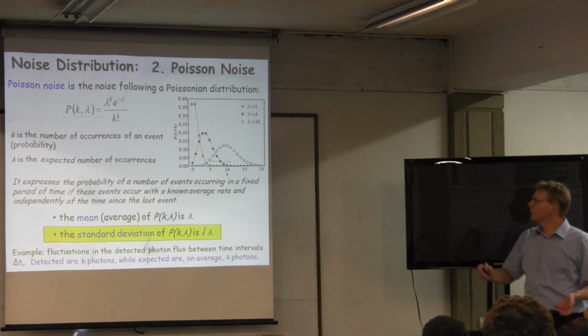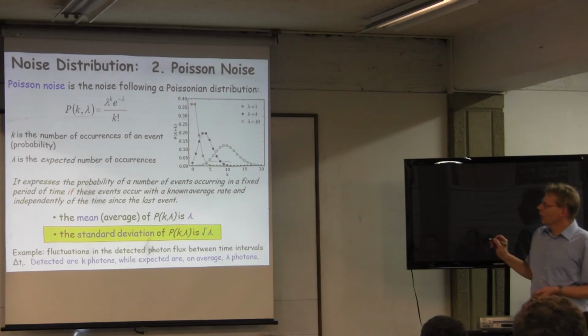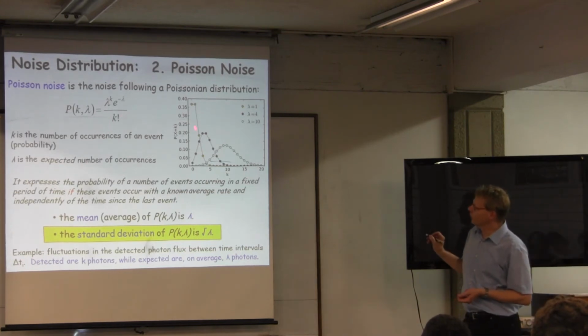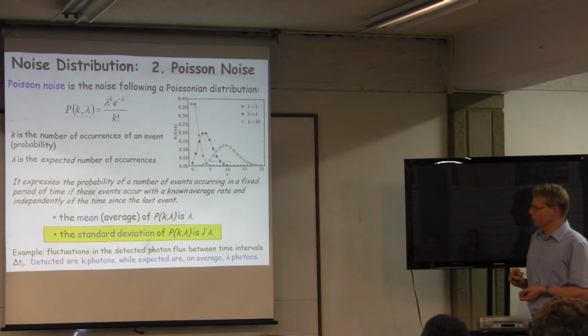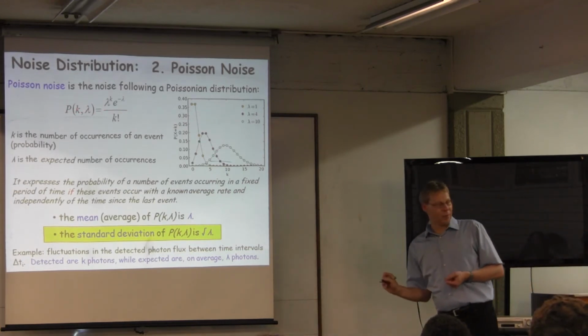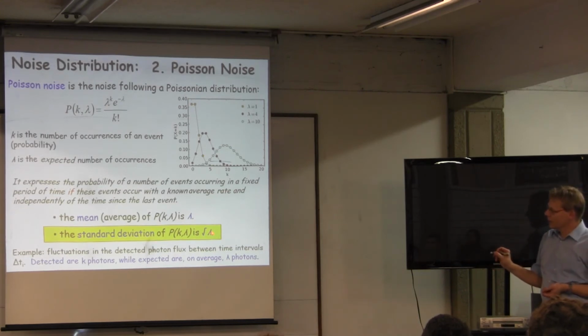And the difference here is given by the Poisson statistics. k is actually the number that you measure, and lambda is what you would expect, and the difference follows the Poissonian distribution. The importance is that, like before for the Gaussian distribution where we had a standard deviation, in this case we know the standard deviation is simply the square root of the number of events.